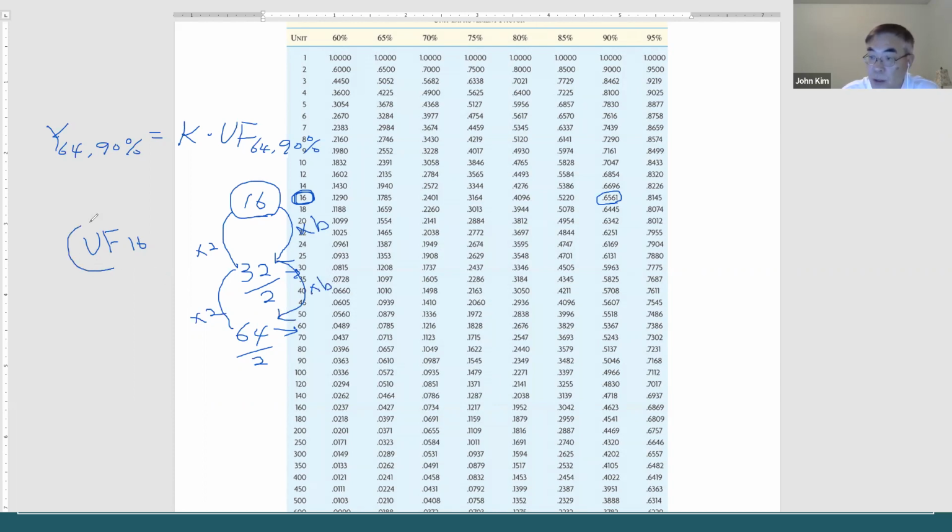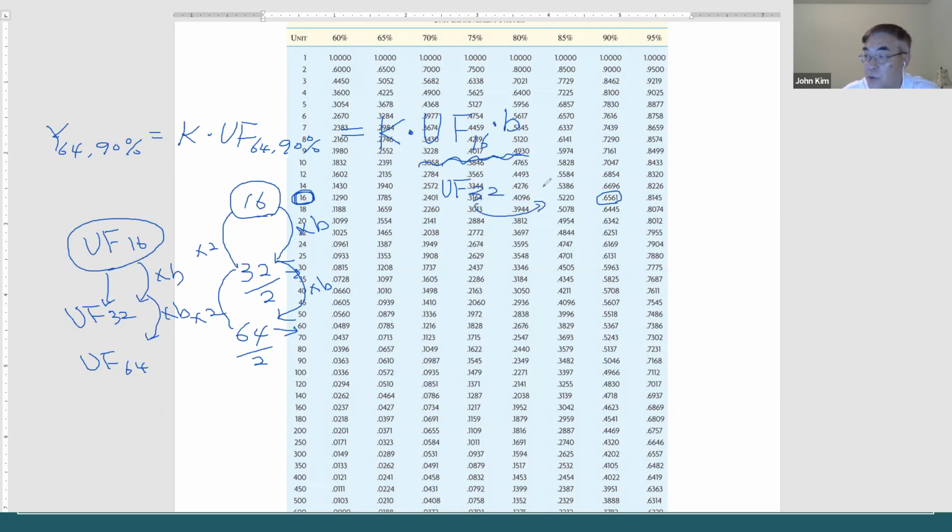So if we can find the unit factor 16, then to go to unit factor 64, before that 32 is times b, times b. So unit factor 64 is unit factor 16 times b, this one is unit factor 32.